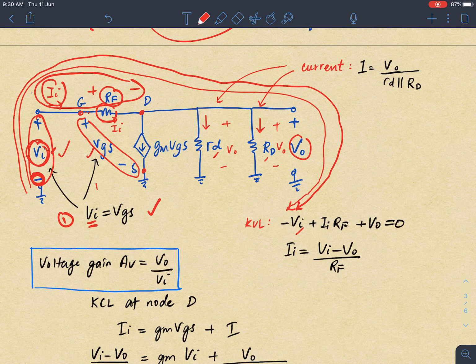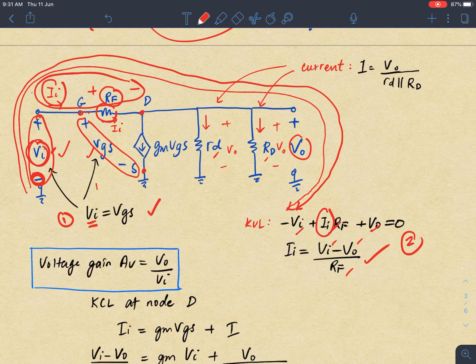Negative V in plus I in RF plus V out. Then for this equation, I want I in, so rearrange until I in equals V in minus V out divided by RF. This is the second equation.